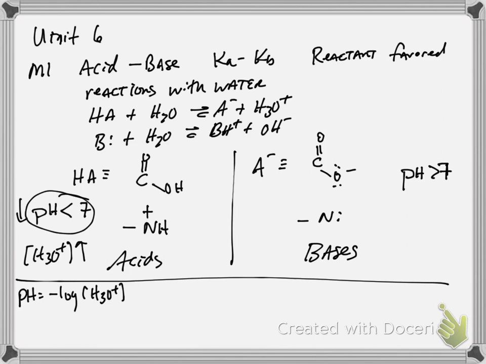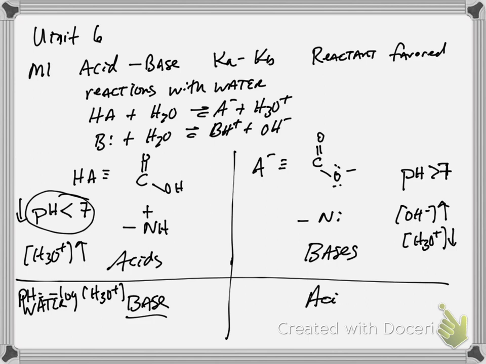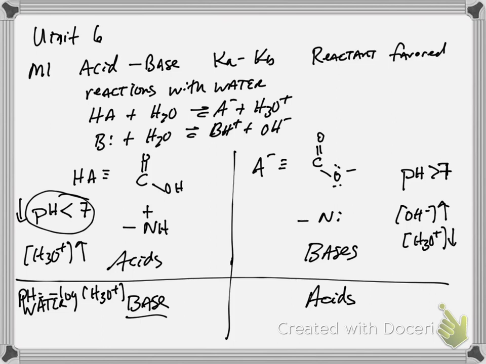Bases increase pH. So OH minus goes up, H3O+ goes down, and that's what bases do in water. In this particular equilibrium of acids, water acts as a base, and when the equilibrium has A minus as a reactant, water acts as an acid.